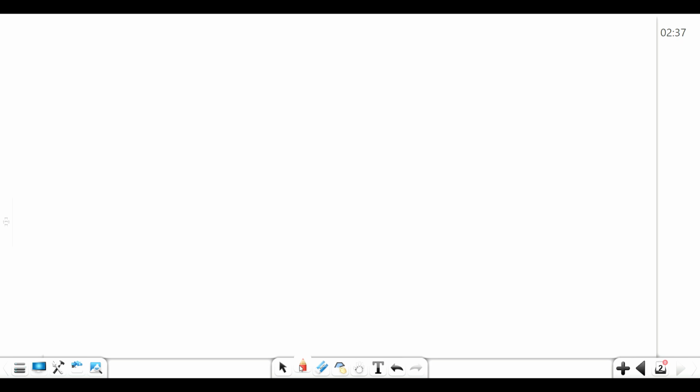Now let's move on to the next one. We have this problem here: I is equal to the integration of (sin x + 2 cos x) upon (3 sin x + 4 cos x). I have taken a general example here including both sin and cos in the numerator.